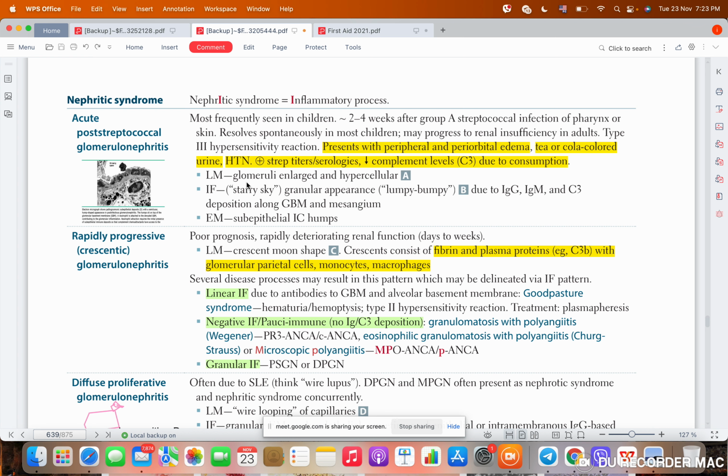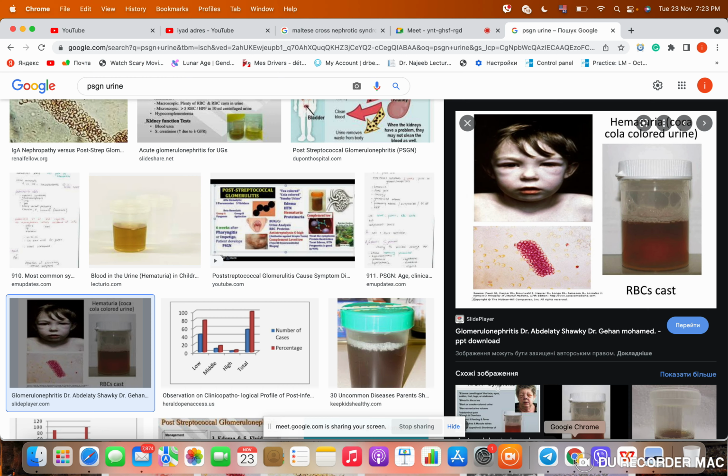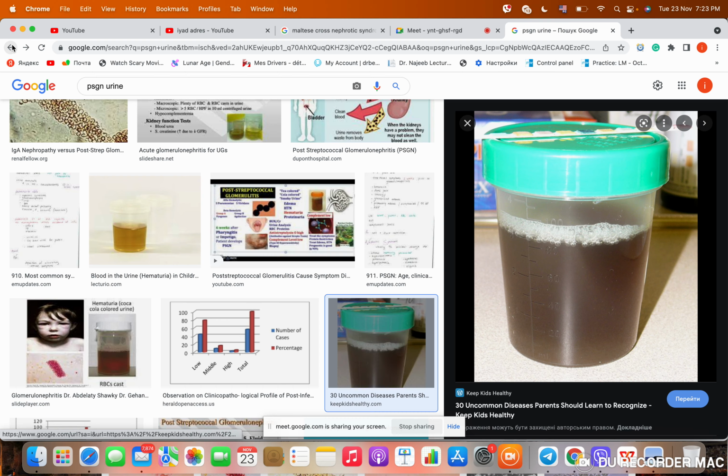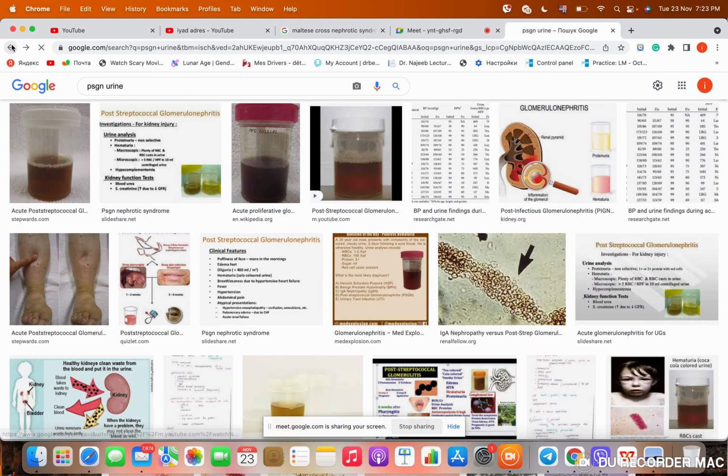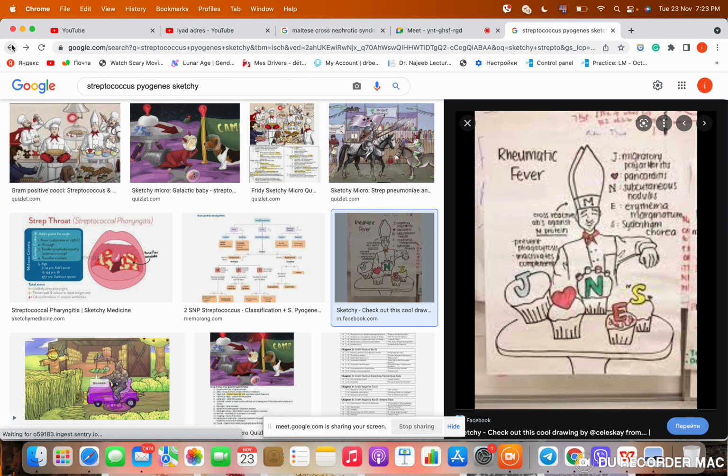Remember, the titers include anti-streptolysin O, anti-DNase, and anti-hyaluronidase enzyme. These three antibodies are present in case of Strep pyogenes. So again, for those who did not get them, let me repeat them.